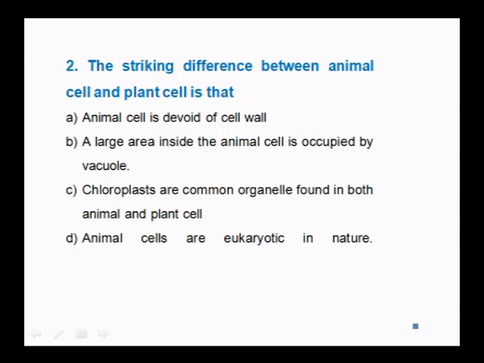So it is very clear chloroplasts are found only in plant cell. Option D says only animal cells are eukaryotic. Actually, all the organisms belonging to four kingdoms except Monera are eukaryotic. So Protista, Mycota, Animalia and Plantae, all these four kingdoms include eukaryotic cells. So answer for second question is A.